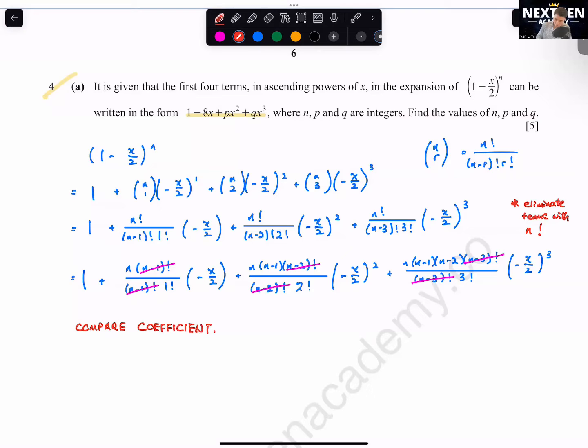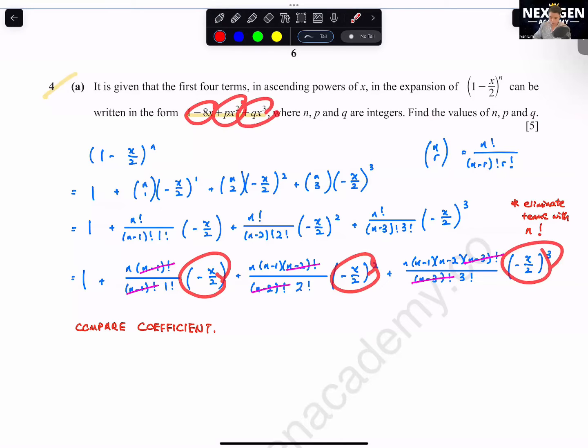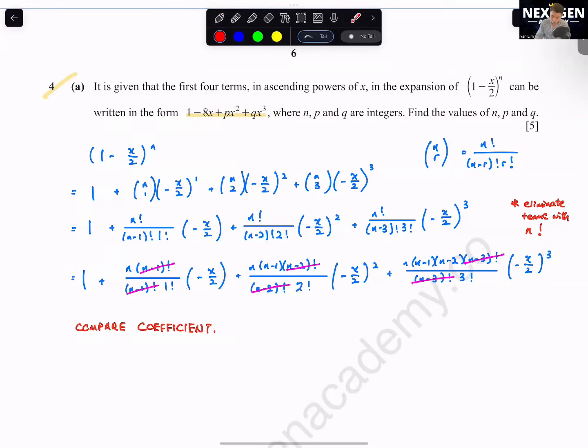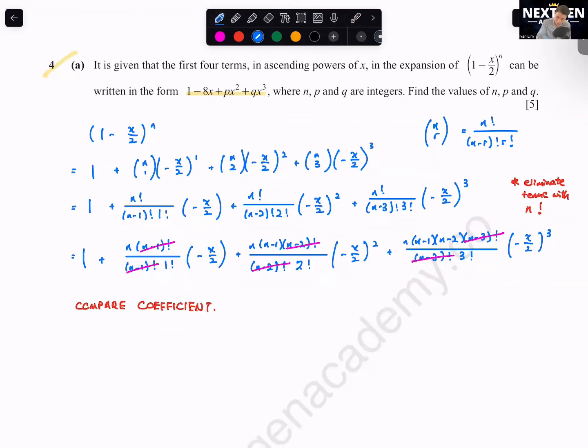Compare coefficient. X, I will compare with this x. X squared, I'll compare with px squared. X cubed, I will compare with qx cubed. So, first one, x to the power of 1. For the one x to the power of 1, I will get n over 1 factorial. So you can write this down first.